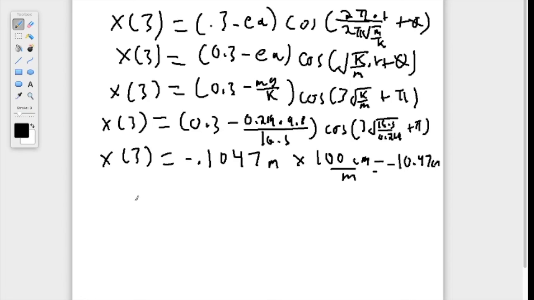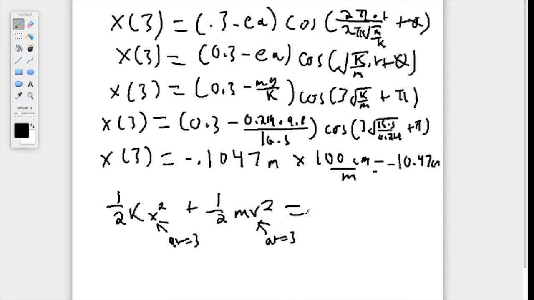So again, I'm going to use conservation of energy, but you can use derivatives if you want. So we get 1/2 kx squared, this is at t equals 3, and then plus 1/2 mv squared, this is at t equals 3.